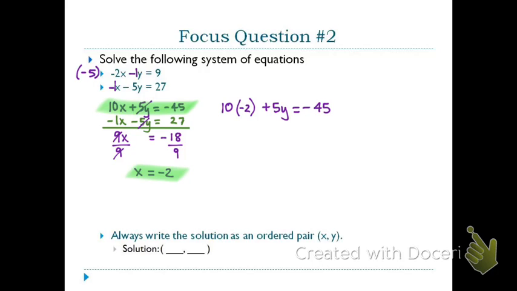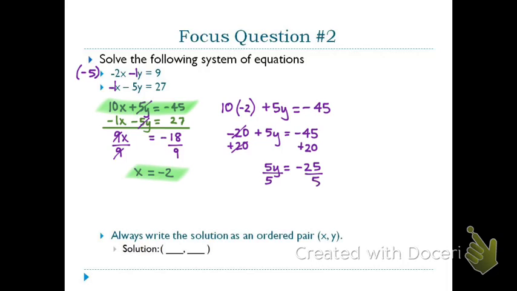Okay, so 10 times negative 2, simplify, we get negative 20 plus 5y is equal to negative 45. Let's keep solving. Add 20. Those cancel. We get 5y equals negative 25.